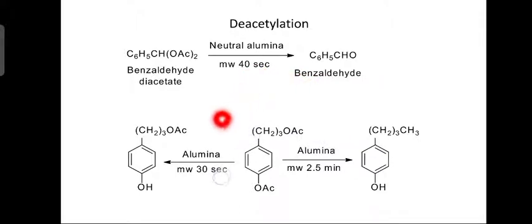Now this is another example: 3,4-acetoxy-phenyl propyl acetate is converted into 4-butyl phenol in the presence of alumina and microwaves in 2.5 minutes. On the other hand, it gets converted into 3-(4-hydroxyphenyl) propyl acetate in the presence of the same catalyst, but in just 30 seconds.